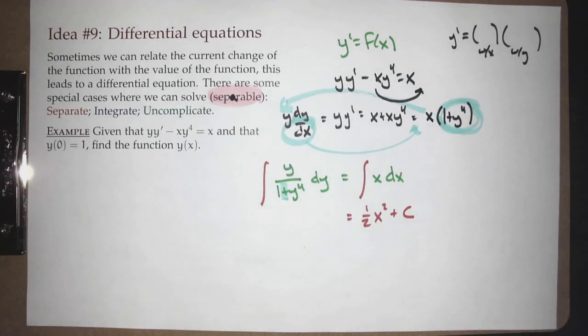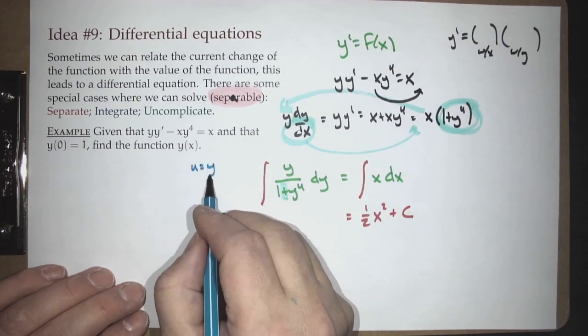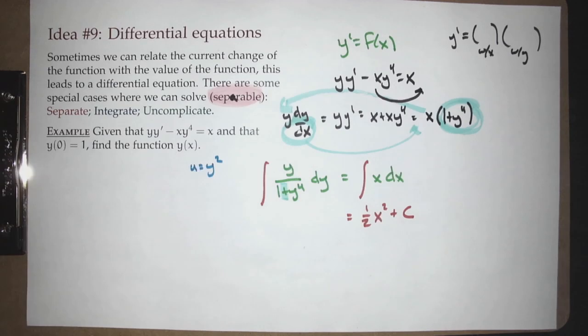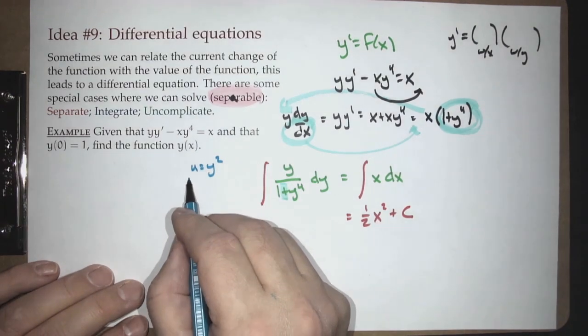Why would y squared be a good substitution? We love arctangent? That's a good philosophy to have. I agree. Who doesn't like arctangent? Yeah. So there is one case where there's a plus downstairs in our list of antiderivatives. 1 over 1 plus x squared. So we're like, oh, this could be setting us up for an arctangent.